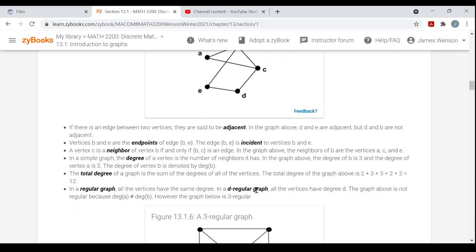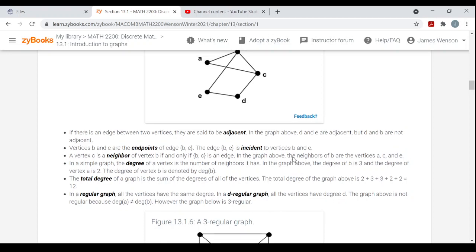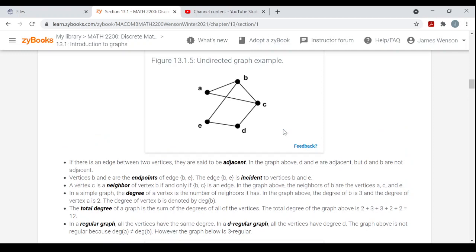And to add to this, something similar, in a d-regular graph, all the vertices have degree d. So if every vertex had degree 2, for instance, that would be called a 2-regular graph.